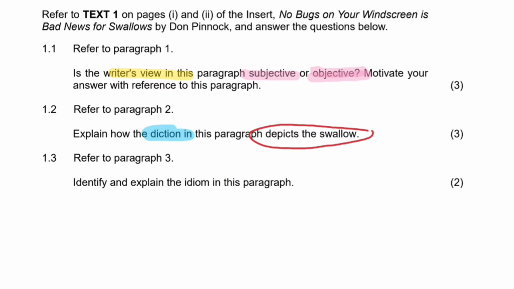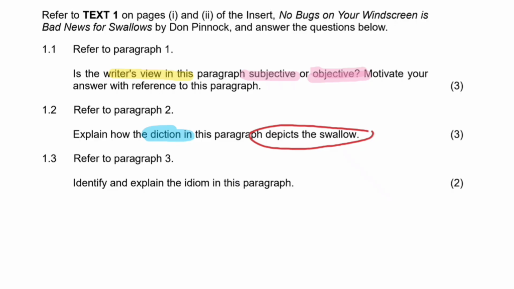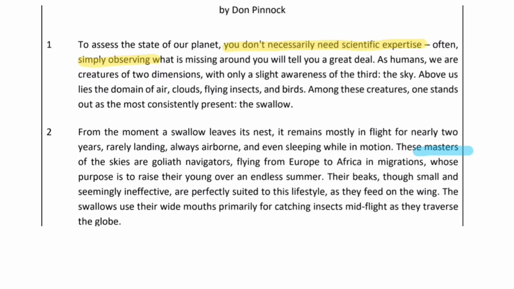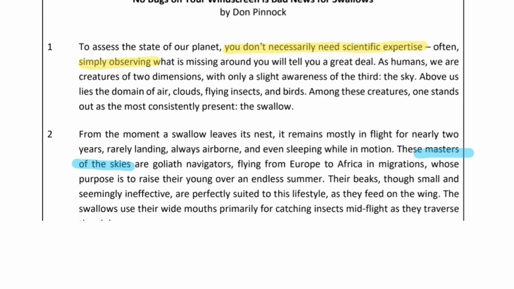We must go to paragraph 2 and look out for specific words. Masters. What is a master? A master is someone who is highly knowledgeable in a subject. The writer calls the swallows masters of the skies, implying that they are highly knowledgeable about navigating the sky. They have great expertise in navigating the aerial space.